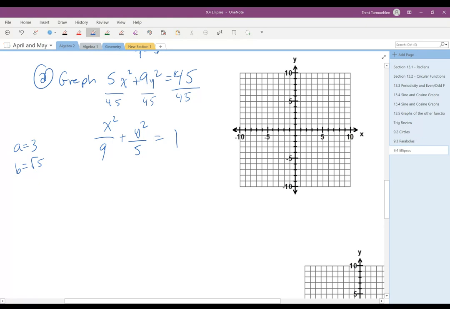So from a graphing perspective, that means that you're going to have negative 3, 0, and 3, 0 for the endpoints of this major axis. They're along the horizontal this time, because the bigger number is under the x squared, and so that's the major axis. The minor axis is going to just be square root of 5, so just a little bit more than 2.